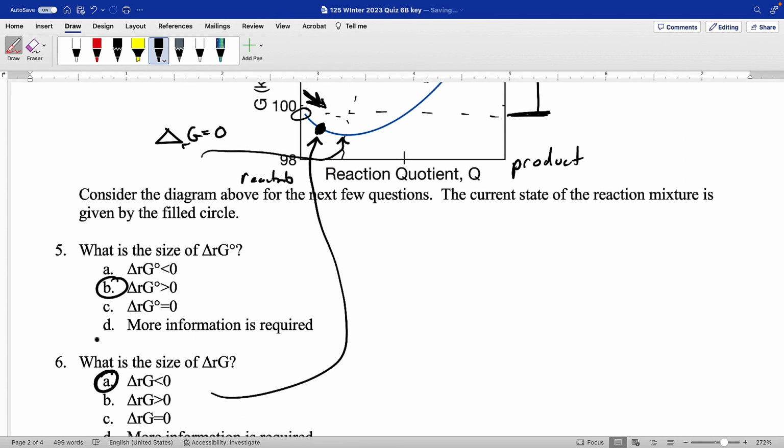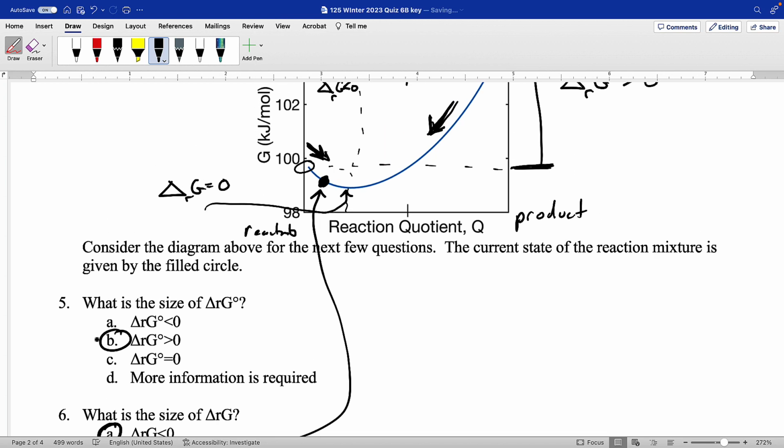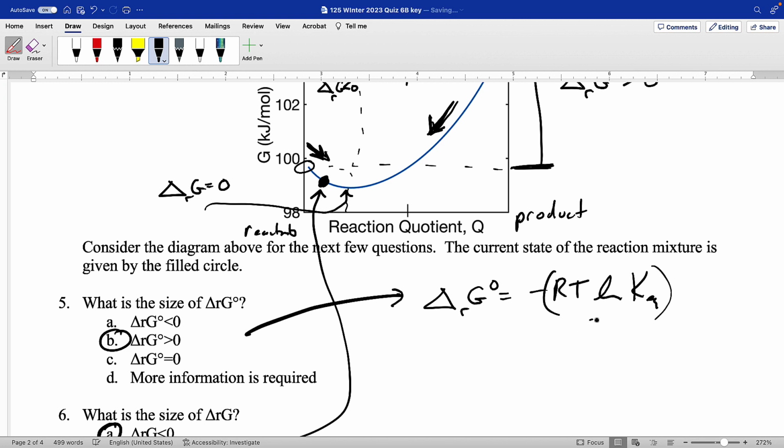What's the size of K? And we can do a couple of things here. One thing to do is we could say that delta G standard is equal to negative RT log of K equilibrium, and we said delta G standard is a positive number. So the only way to get a positive number is if this whole thing here is negative, right?